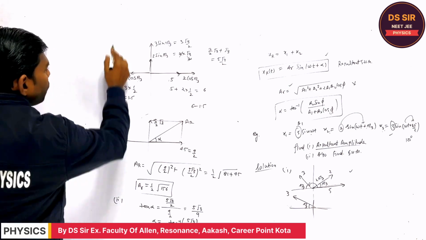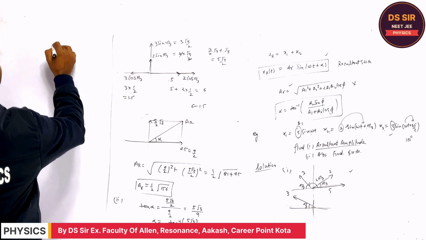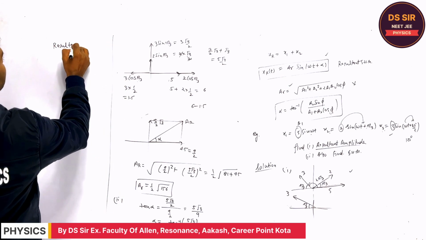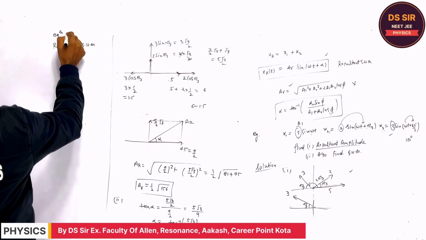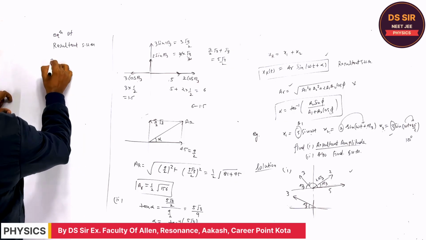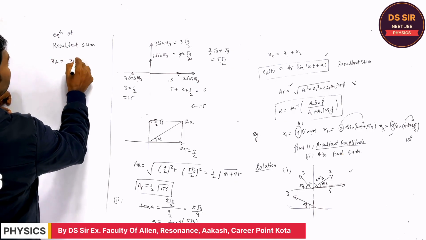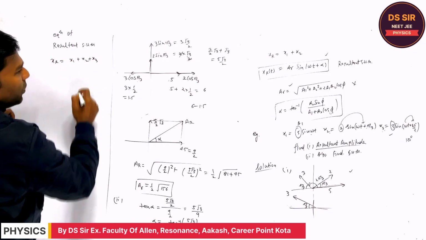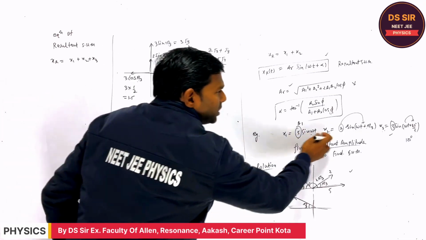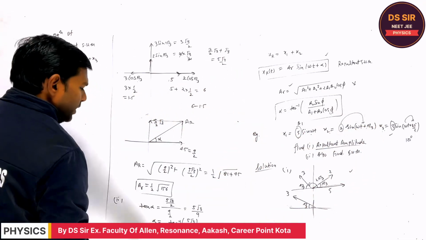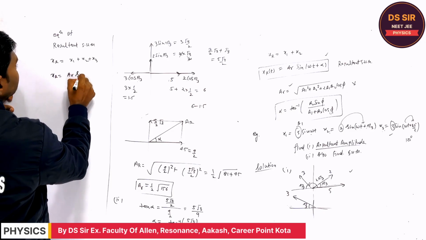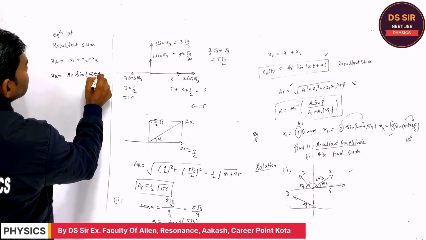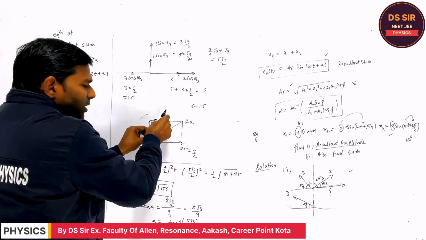So how would you write the resultant SHM? You may write the equation of resultant SHM is equal to x1 plus x2 plus x3. When you add all these waves and calculate, the answer will be AR sine omega t plus alpha, because it is in this direction.